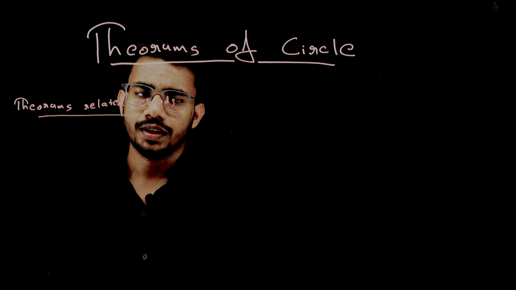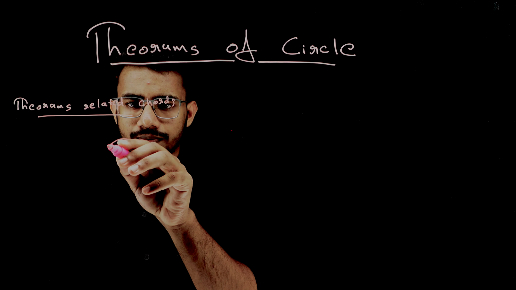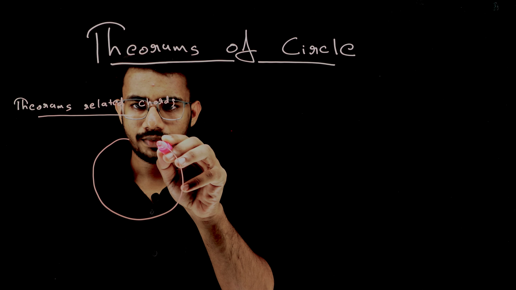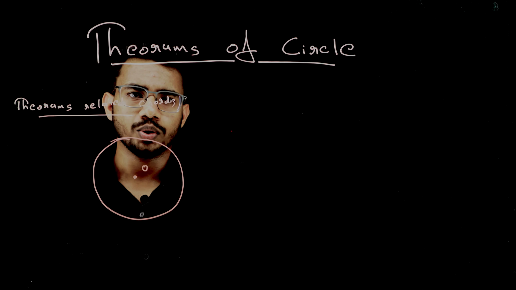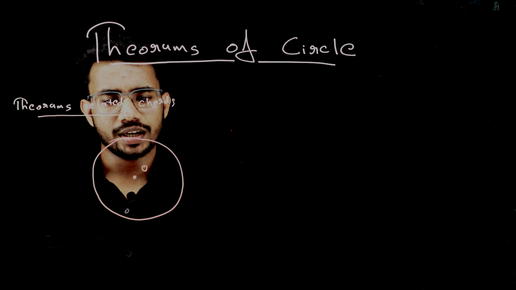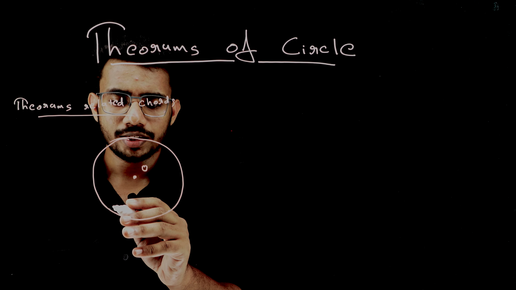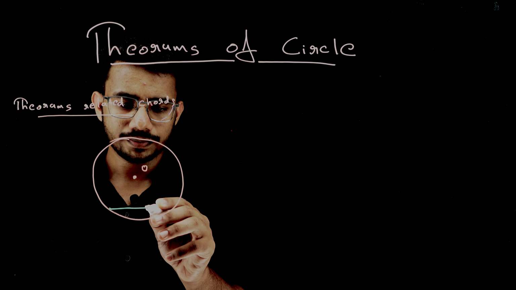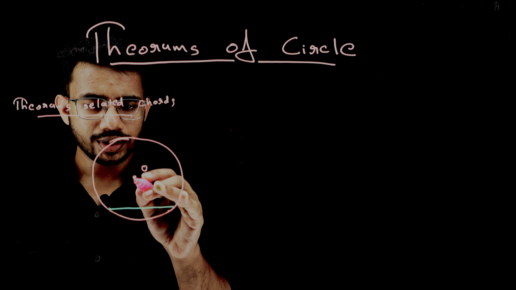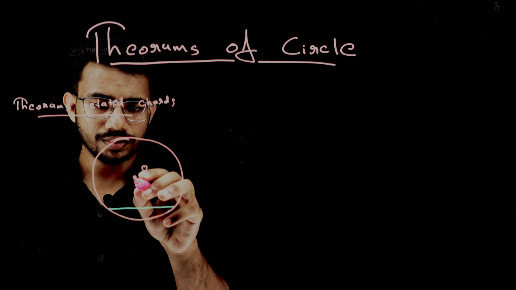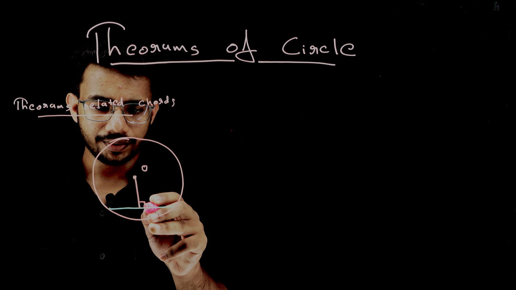Now the first one. Let's say I'm having a small circle like this, and I'm having the center here at O, and I'm having a chord like this. Then I'm going to draw a straight line from the center to the chord, making an angle of 90 degrees.